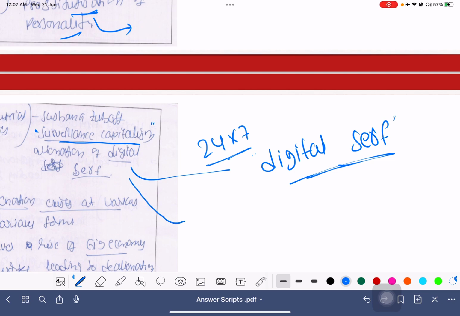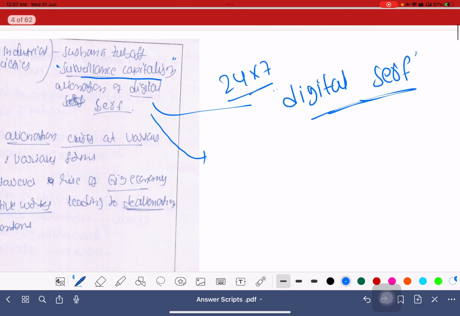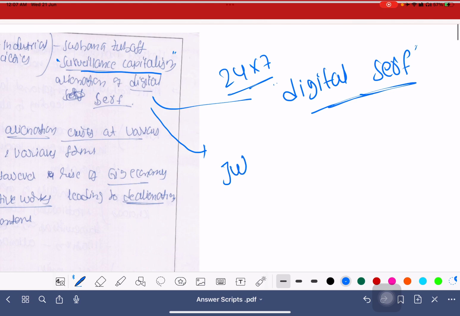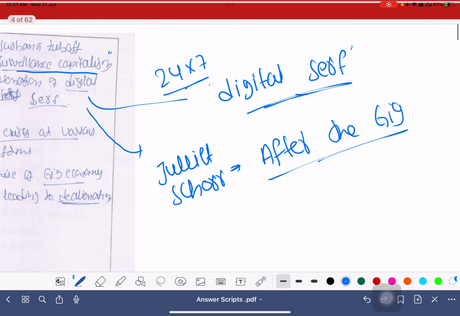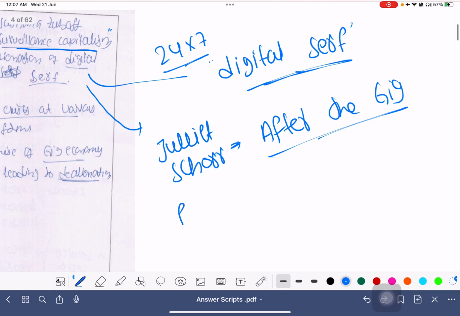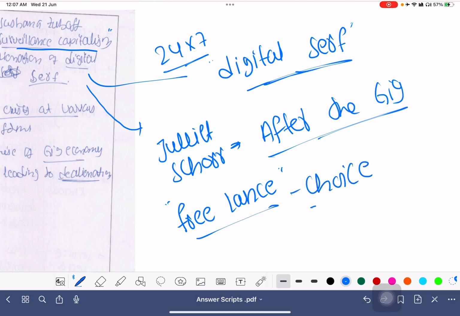Or, for example, the other day I was talking about Juliet Schor. She has written one book known as After the Gig. In this book, she talks about the gig economy. Generally, it is believed that in the gig economy you are doing a freelance job. What is a freelance job, sir? A job according to your choice, your time, and your interest.